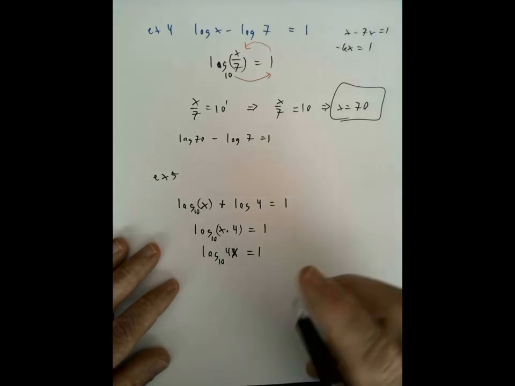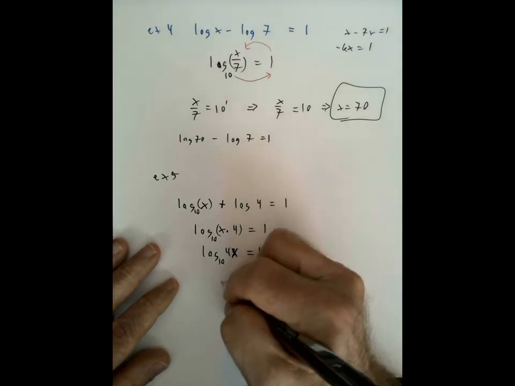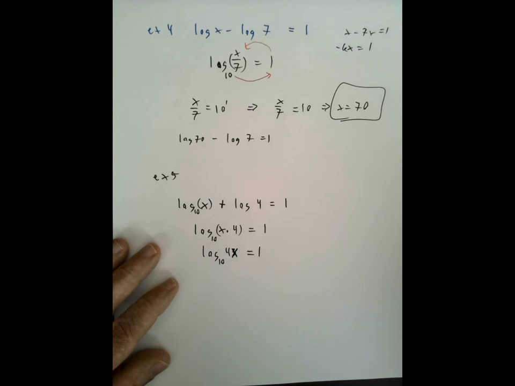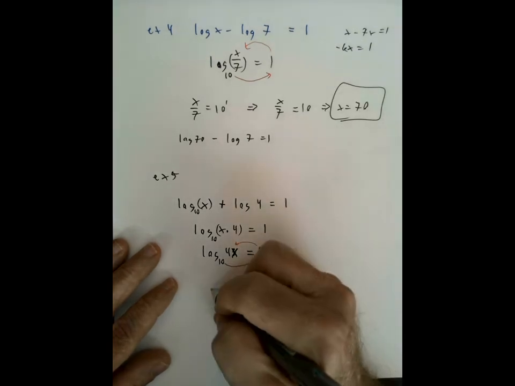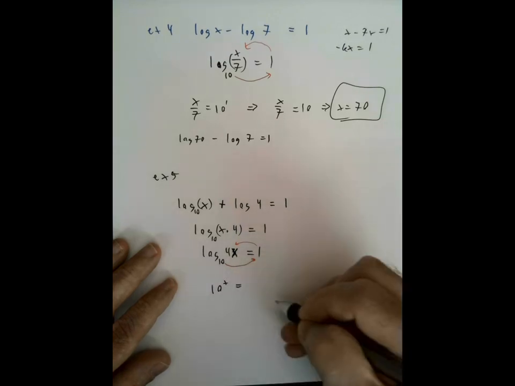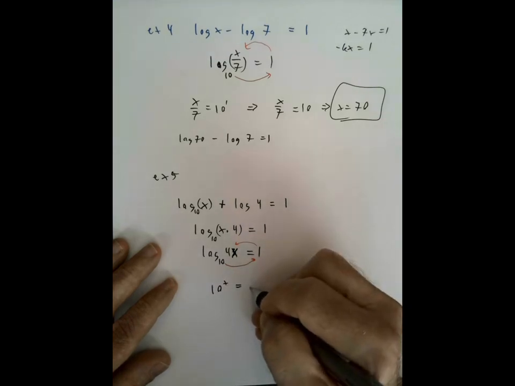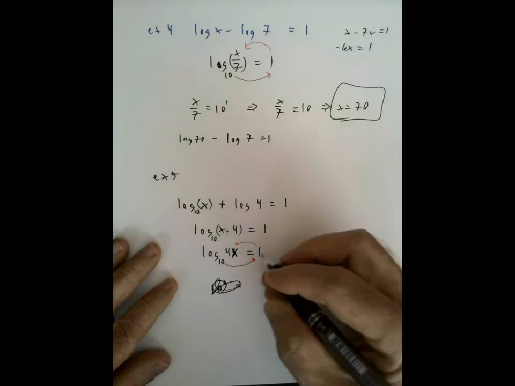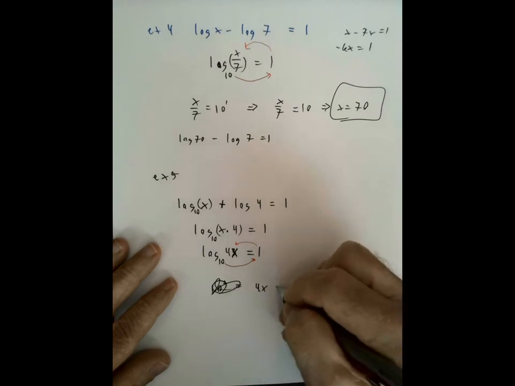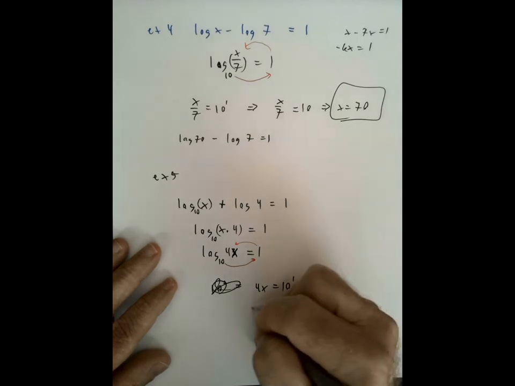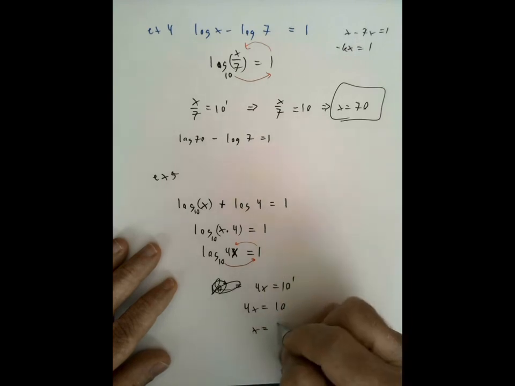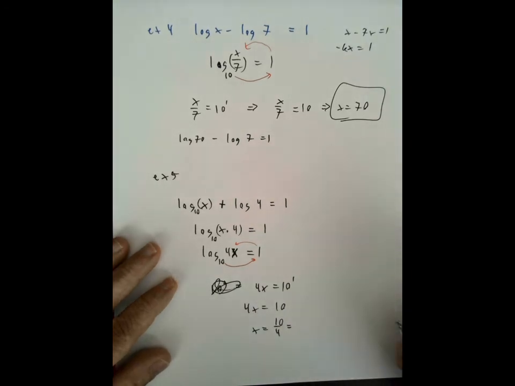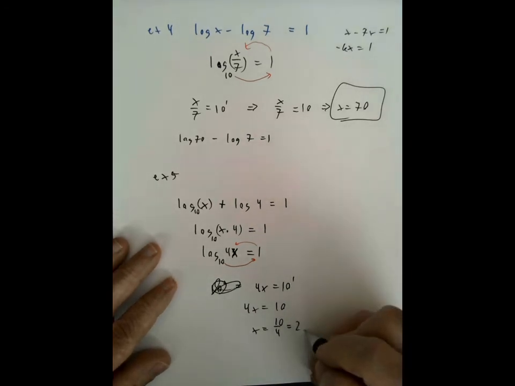So now we turn it into its exponent: 4x is equal to 10 to the first power. 4x is equal to 10. x is equal to 10 divided by 4, which is 2.5.